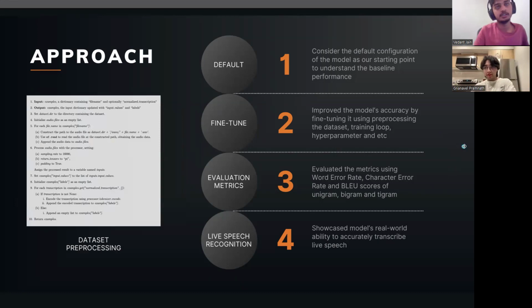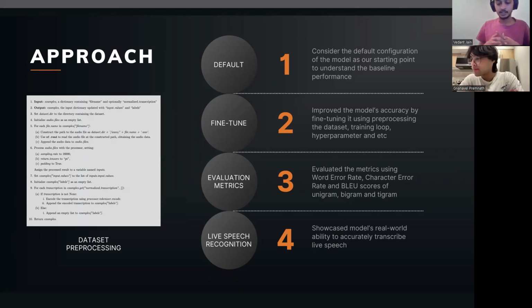Now let me talk about how we fine-tuned this model and what the process was. The first thing that we did was set up the environment, load the dataset, and load the pre-trained model. After this, if you remember, my teammate Prem told us about the audio files being sampled at 22 kilohertz.